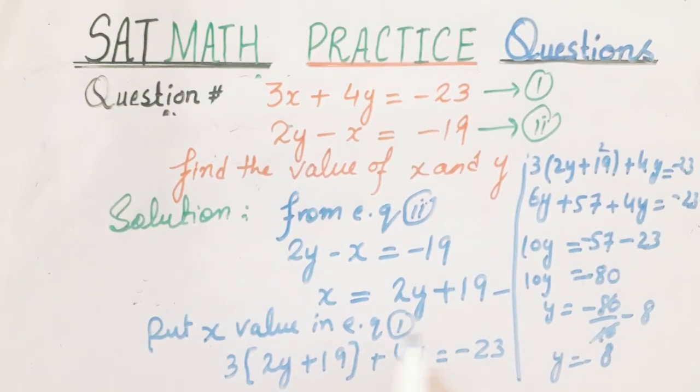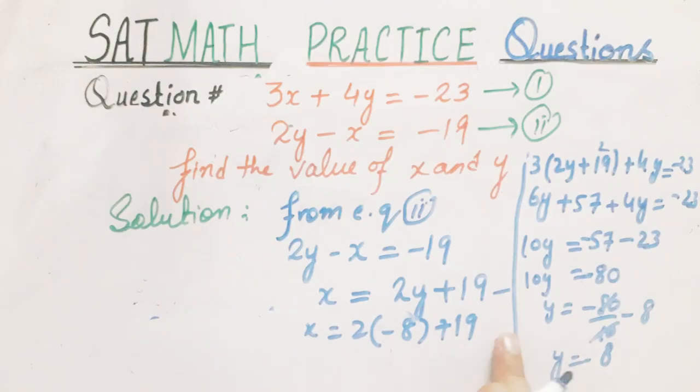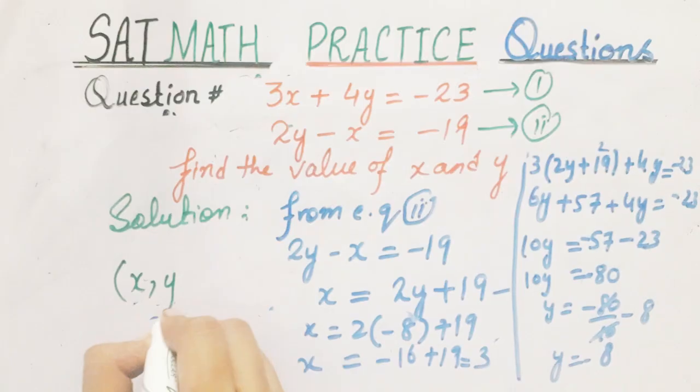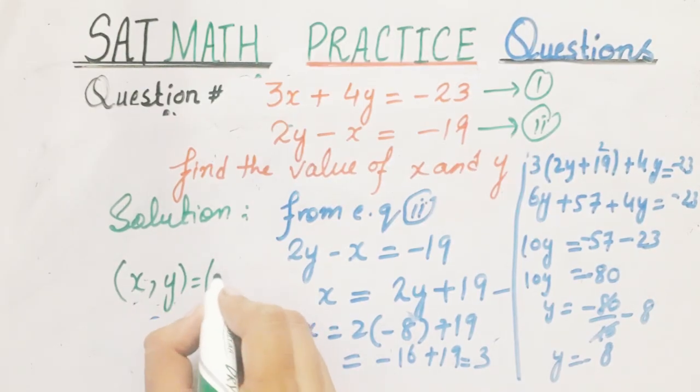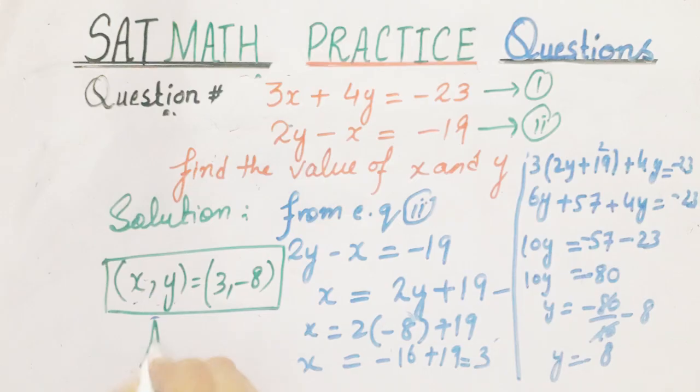Now put the value in x to get the answer. So x equals 2 into y, which is minus 8, plus 19. So this will be minus 16 plus 19, that will be 3. So you get the pair (x, y) as 3 and minus 8. So this will be the answer.